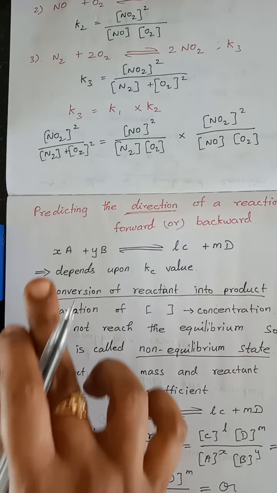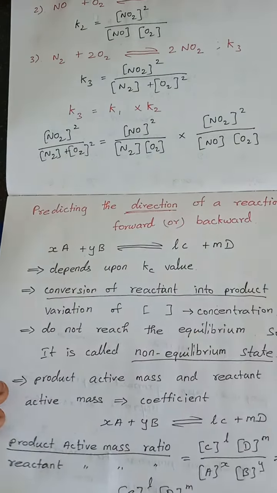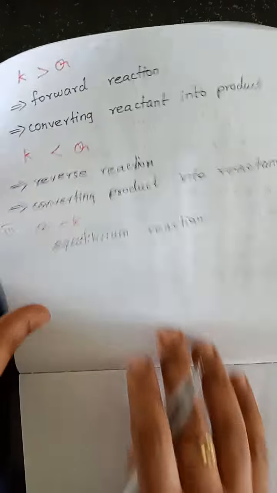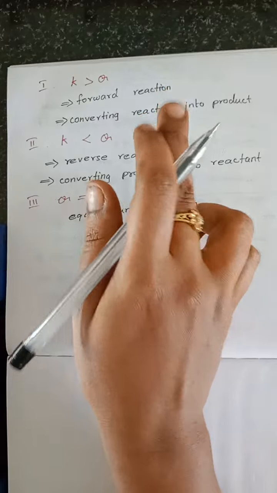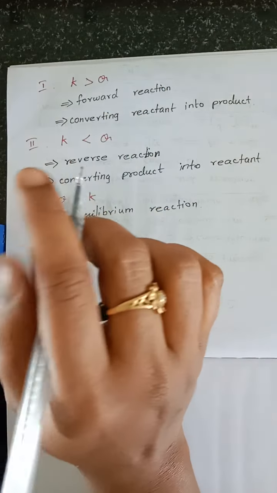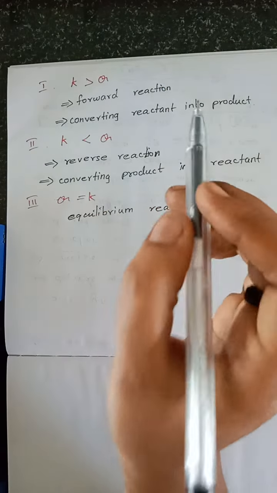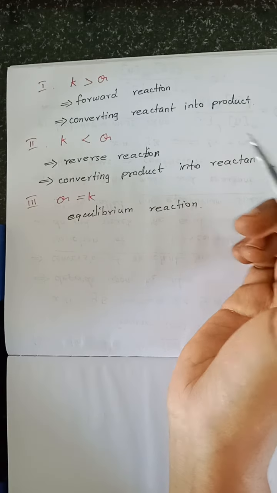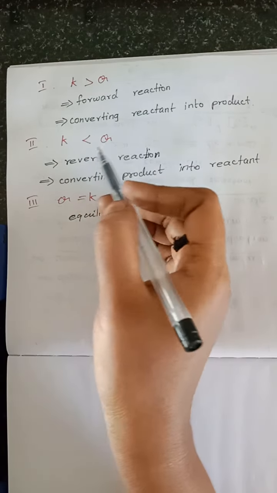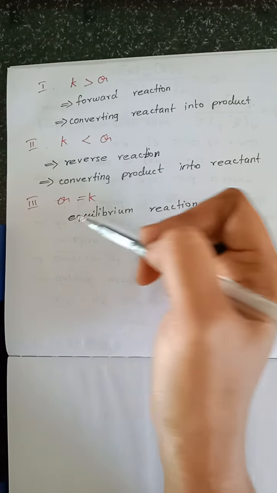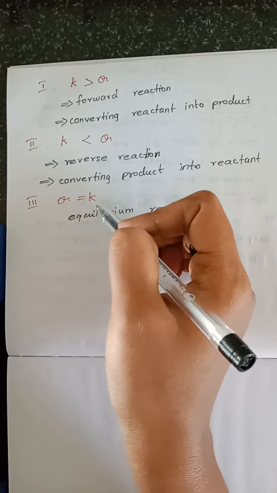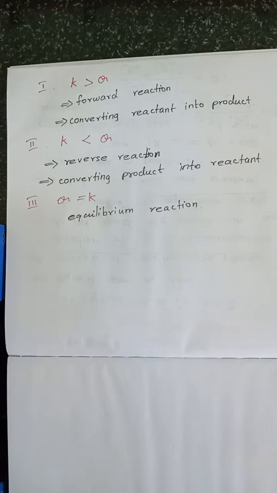In predicting the direction there are three cases: K greater than Q is a forward reaction converting reactant into product; K less than Q is a reverse reaction converting product into reactant; Q equal to K is an equilibrium reaction.